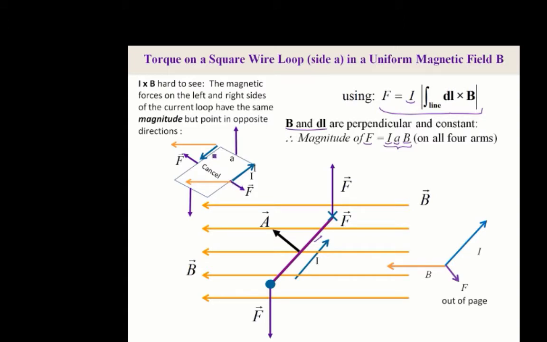Now because I reverses direction, this force switches to the other direction. So the two forces on the parts of the coil corresponding to this one and the one below cancel each other. We're just stretching the coil, which we're ignoring in terms of the deformation, and so we can say that those cancel.